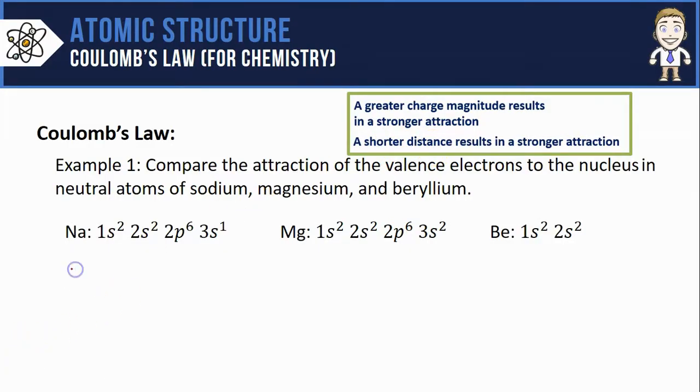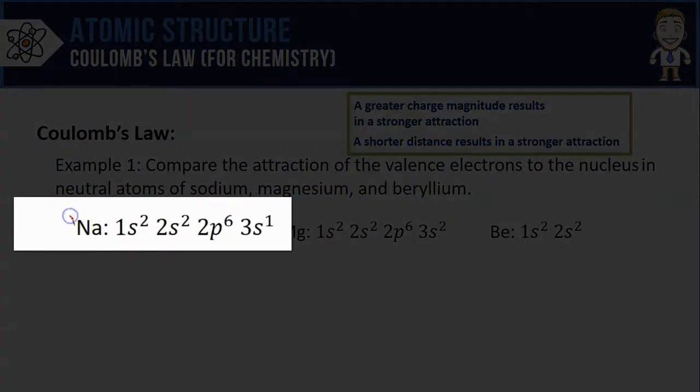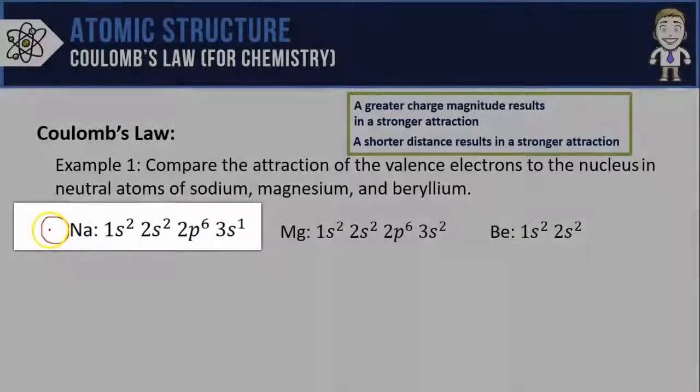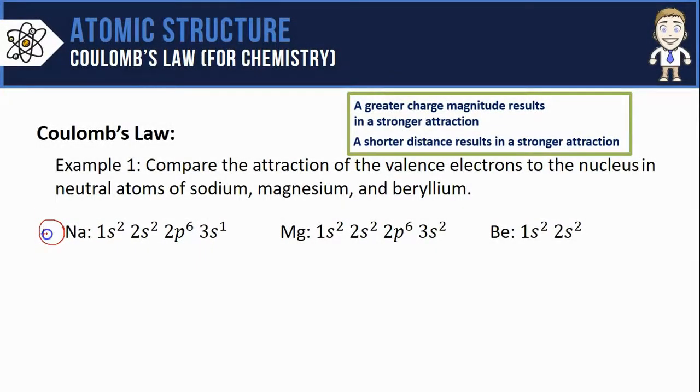Let's start with the distance factor, and to do this, I like to draw in a little visual aid to help see where the nucleus might be relative to the first, second, and third energy level. So I'm going to draw a little positive nucleus to the left of each configuration and label it with the nuclear charge. Sodium has 11 protons, so a nuclear charge of +11. Here's magnesium's +12 nucleus, and beryllium with a +4.